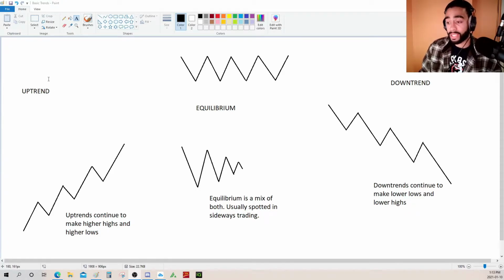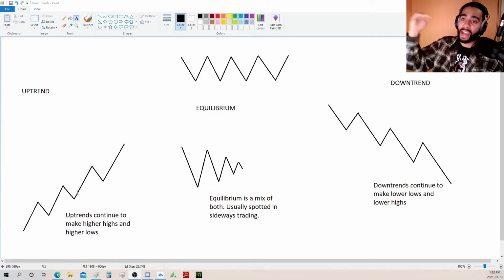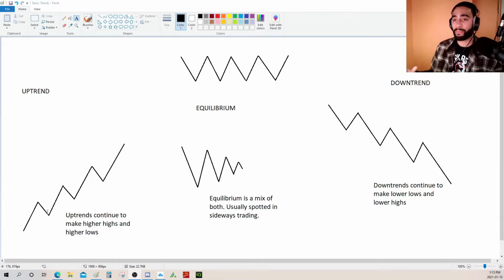An uptrend is basically a stock that continues to make higher highs and higher lows. So this is an example of an uptrend. It starts at a low point, it makes a high, and then it comes back and it makes a higher low. When I say higher low, what I mean by that is simply the point that it's drawing down to or pulling back to is higher than the previous low point.